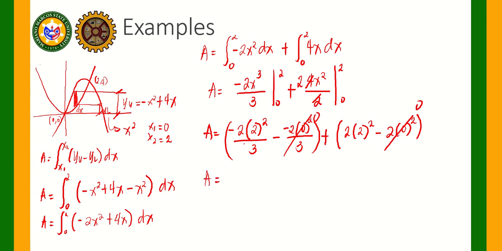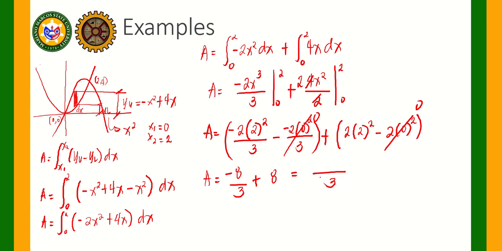So, our area will be negative 2 times 2 cubed. This should be cube pala. 2 cubed is equal to 8. So, 8 times negative 2, that is negative 16 over 3. And then, plus 2 times 4, that is equal to 8.